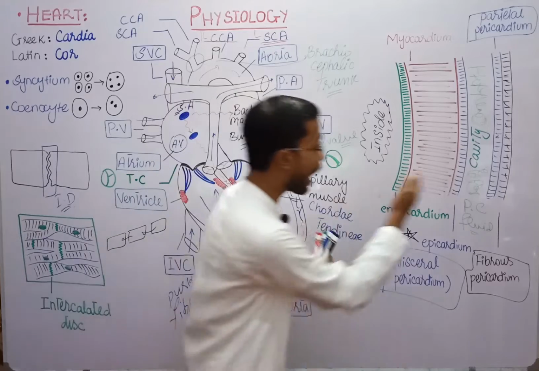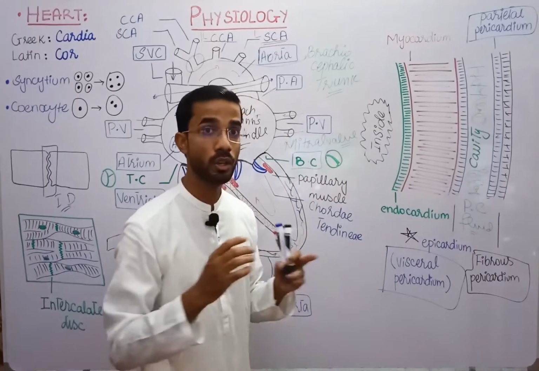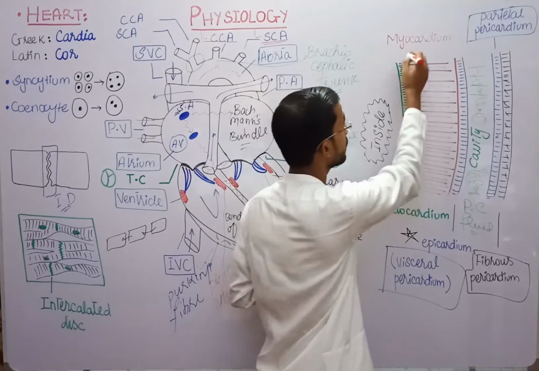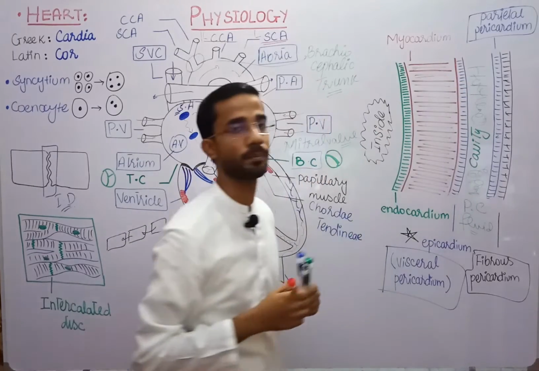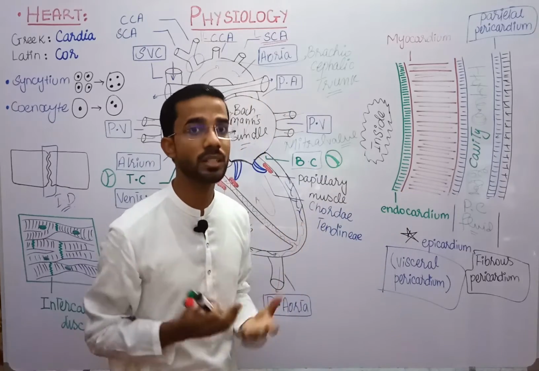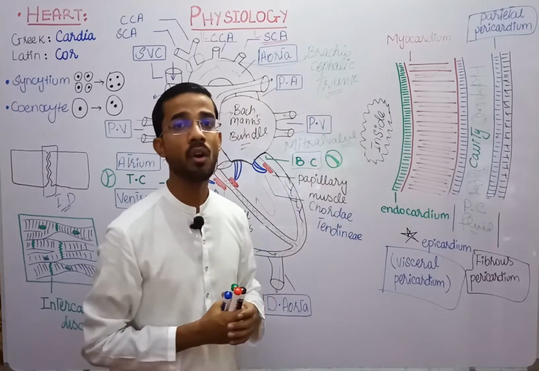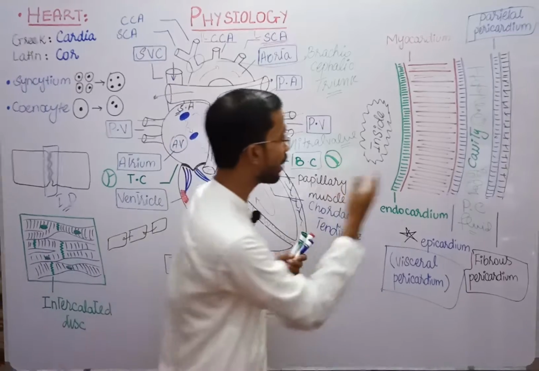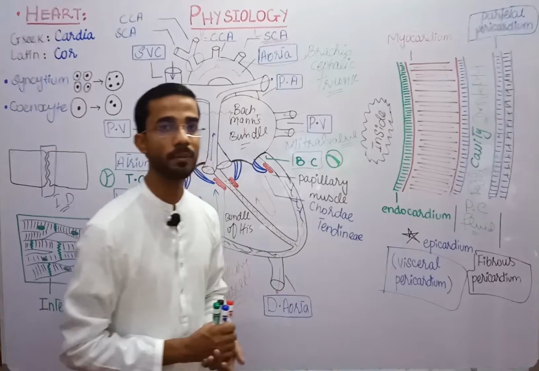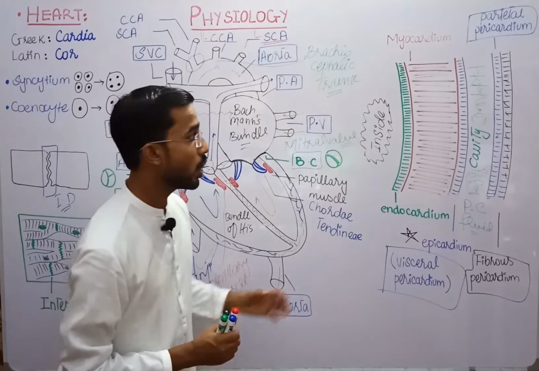And after that there is a huge mass of muscle, which is the myocardium. This is actually the thickest layer of the heart. And after that is the endocardium, which is present inside of the heart, right?